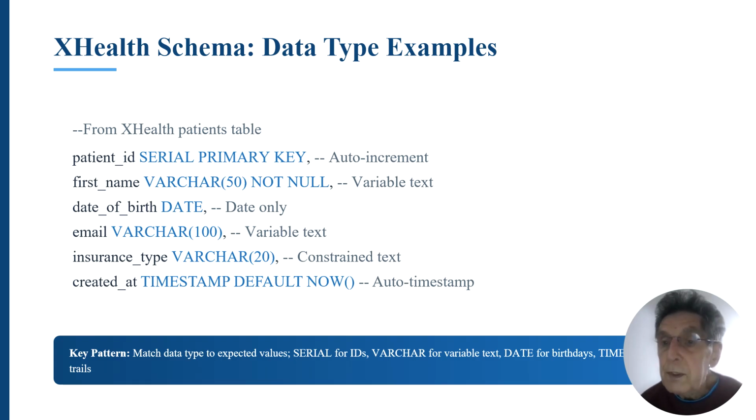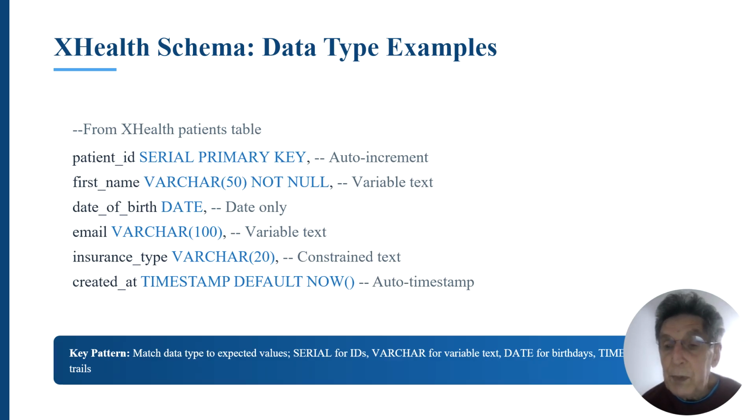Date of birth, date, is just the date, no time. You don't need to know someone was born at 3:42 p.m. Email, varchar of 100, with up to 100 characters, accommodates most email addresses. Could be null if the patient doesn't have an email.